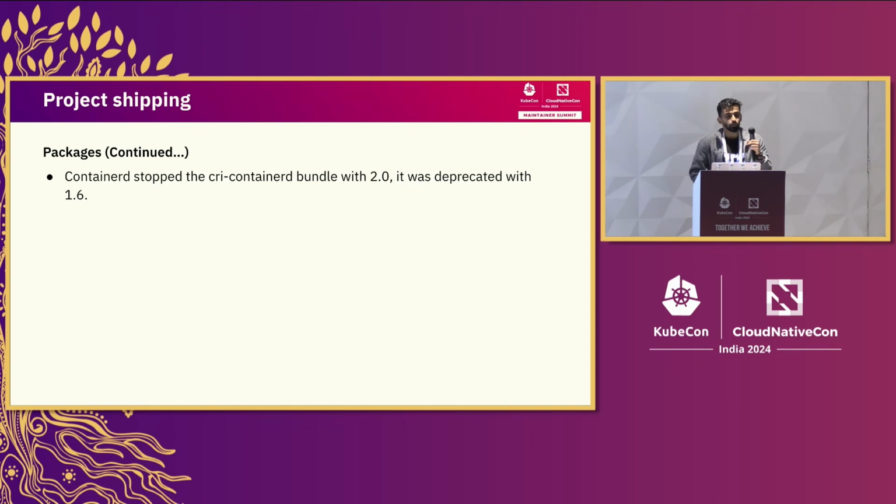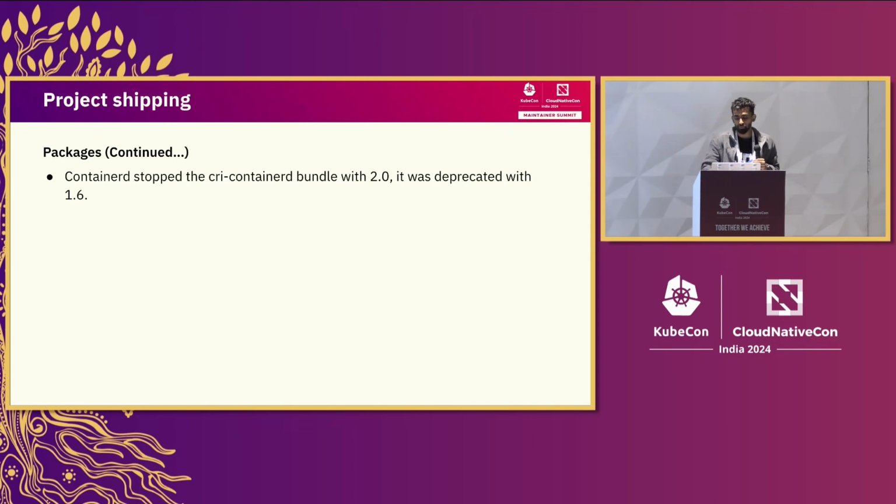Now going to the containerd side, containerd earlier used to ship a packaged version, the CRI containerd bundle, that contained the containerd binaries and the supported version of runc also. It was deprecated in 1.6 and completely removed in 2.0.